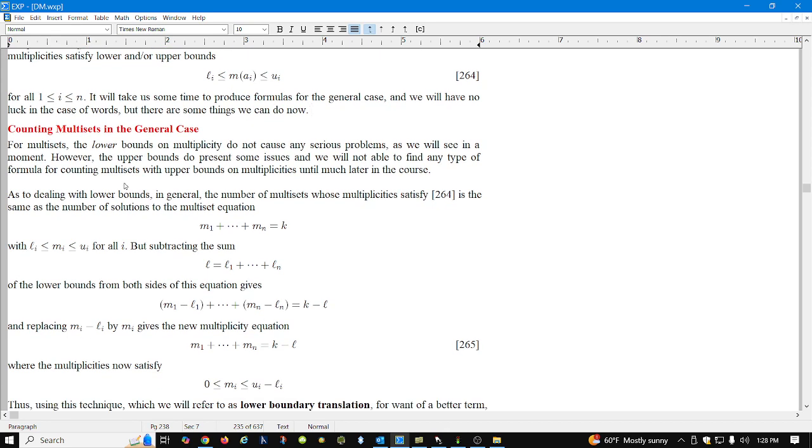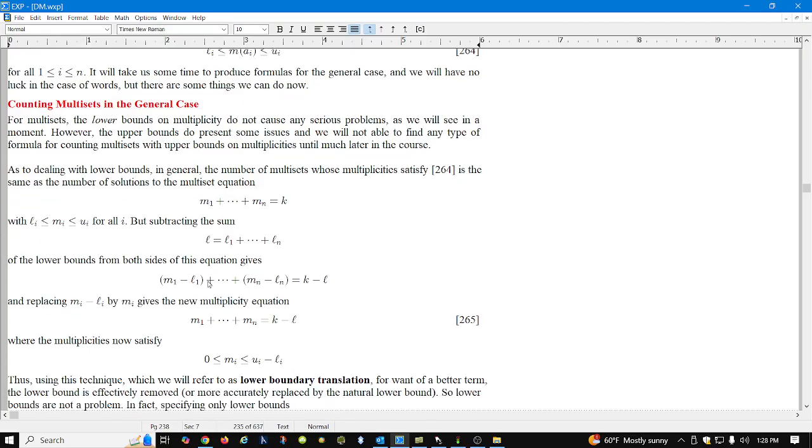But as to dealing with the lower bounds, in the general multiset equation, we would have these bounds. Okay. But if we take the sum of the lower bounds and subtract that number, L, from both sides of the equation, writing it this way, so m1 minus l1 plus all the way up to mn minus ln equals k minus L, we can now replace the stuff in parentheses.